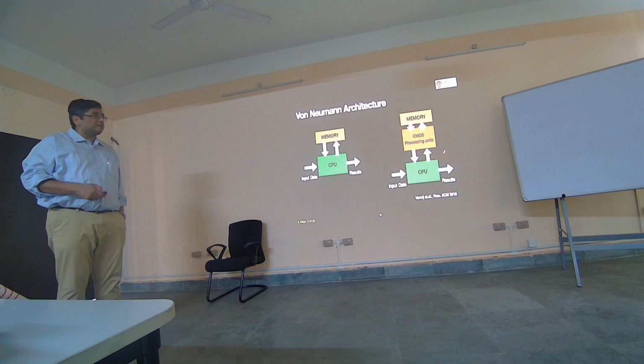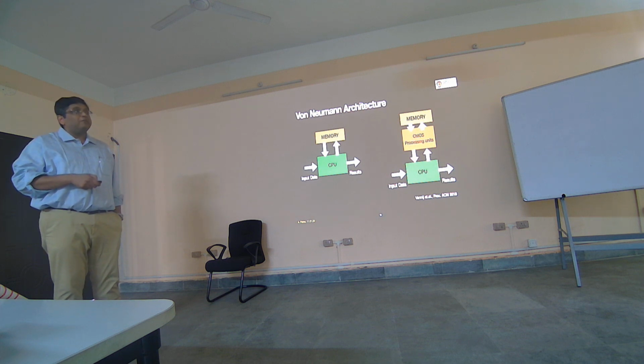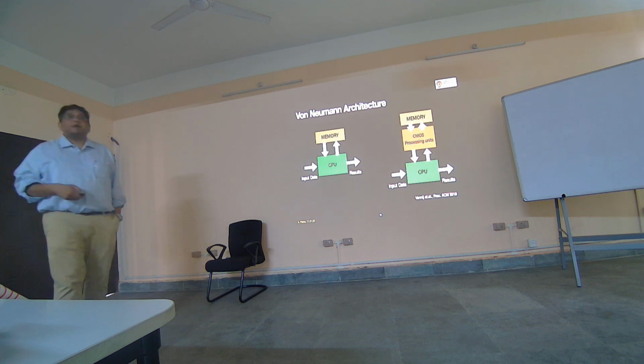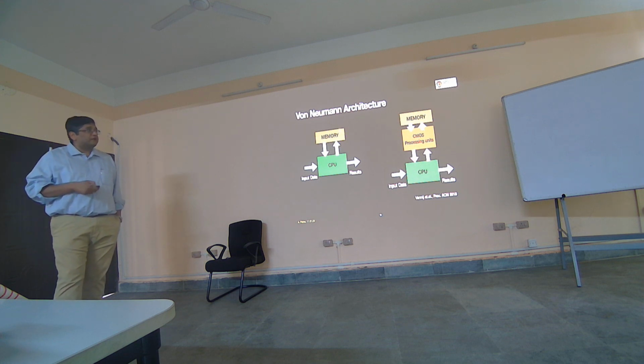This way this bus is no longer the limiting factor in your system performance, and so you end up getting more parallel processing, and hence you get better output. So this is how a neuromorphic system works, versus the traditional von Neumann architecture.